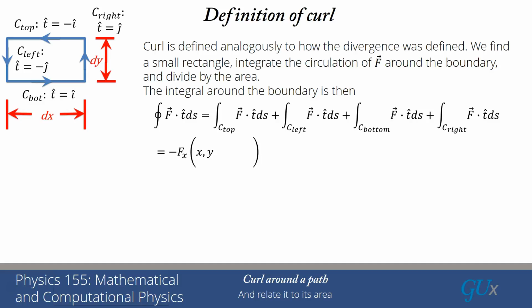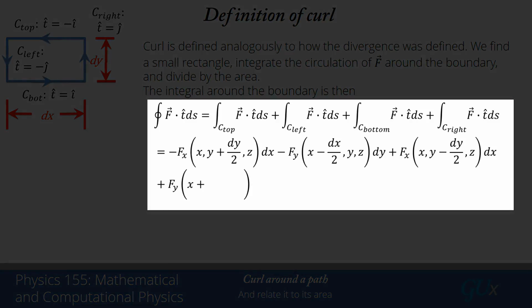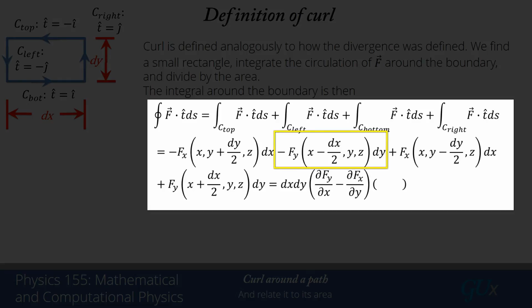And so if I work that out for all of the different components, I get these four different terms. So when I look at the left-hand side, it's minus fy evaluated at x minus dx over 2, and the integral along the bottom is fx evaluated at y minus dy over 2, and finally the integral along the right leg is fy evaluated at x plus dx over 2.